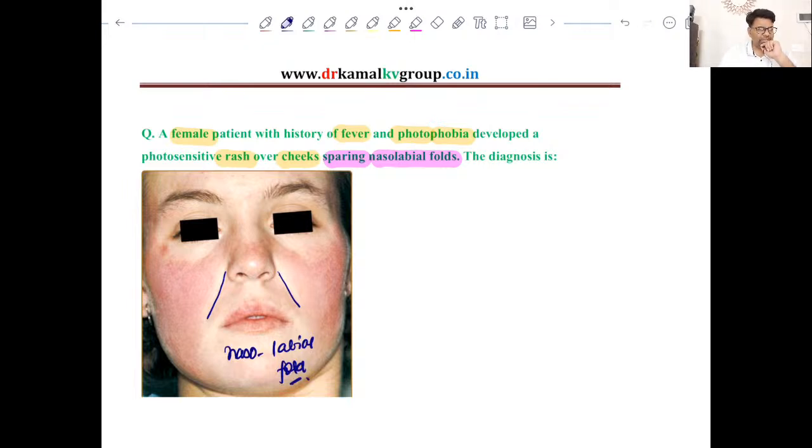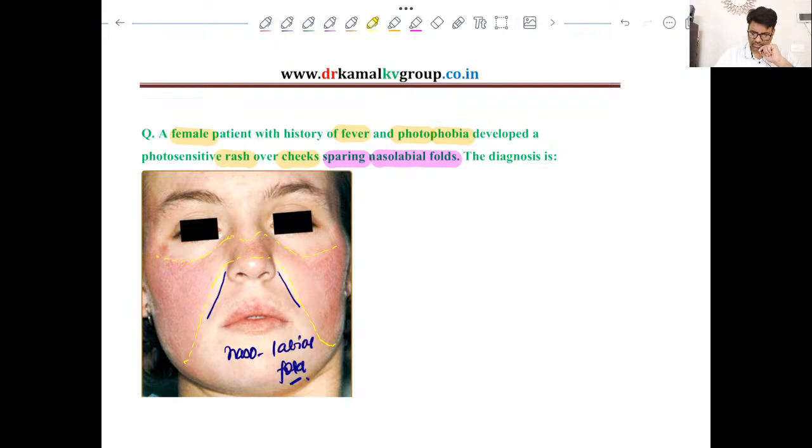Yes, SLE. Yes, KK, Sangamitra, Arush, Shanawaz, everyone is right. This is the typical butterfly rash, or what you call the malar rash of SLE, right?